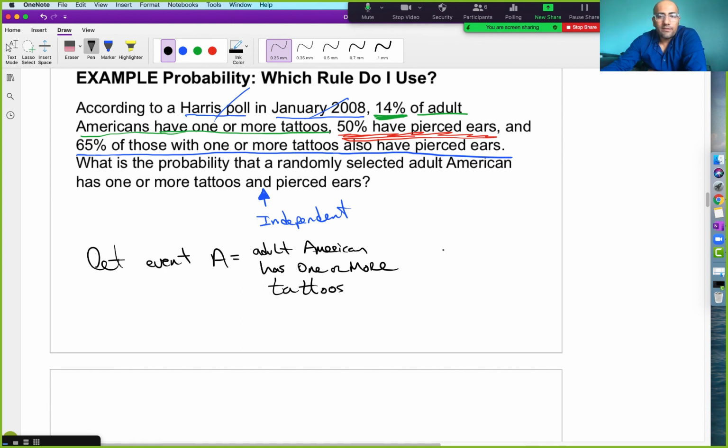Good. And so we know that the probability of event A is equal to 0.14. Just has one or more tattoos.